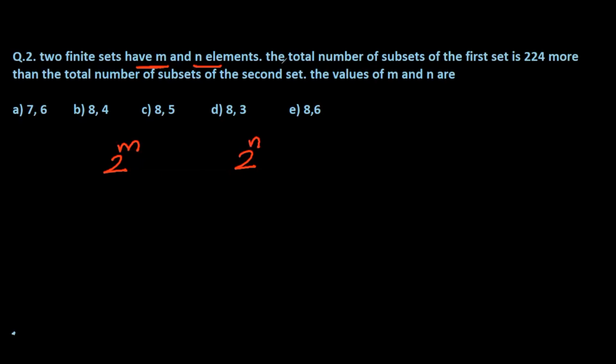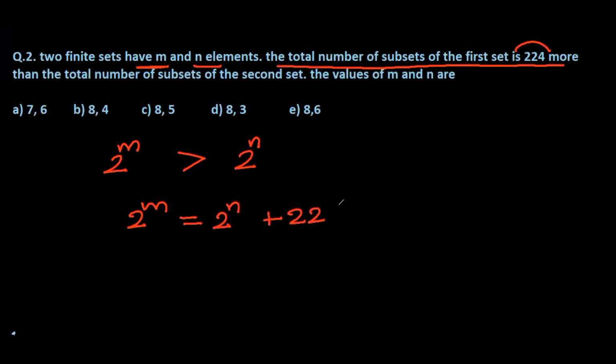And the other data given is that the total number of subsets of the first set is 224 more. That means 2 raised to m is greater than 2 raised to n, and the difference between them is 224. So we can form an equation like this: 2 raised to m is equal to 2 raised to n plus 224.